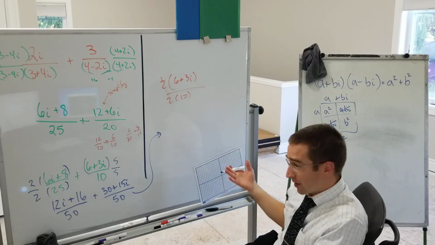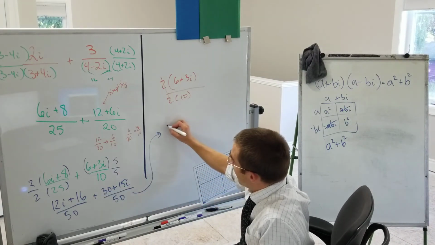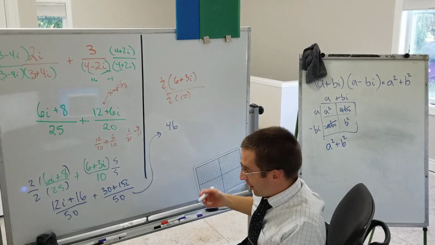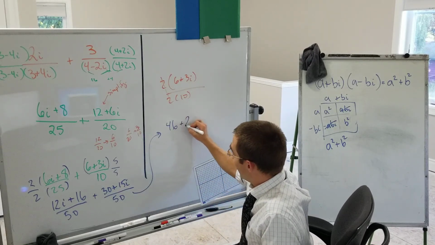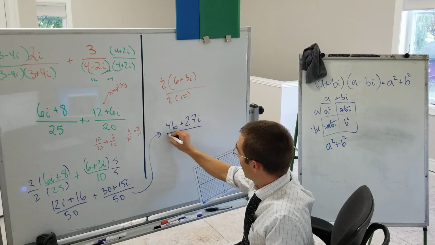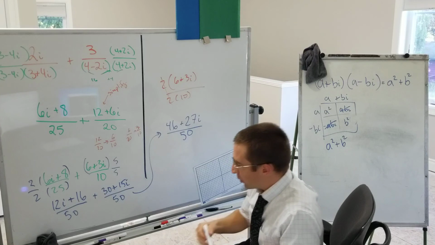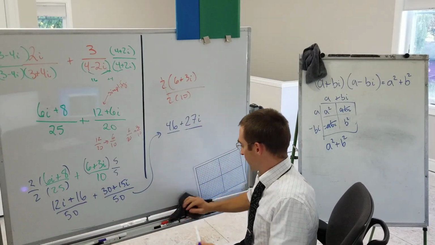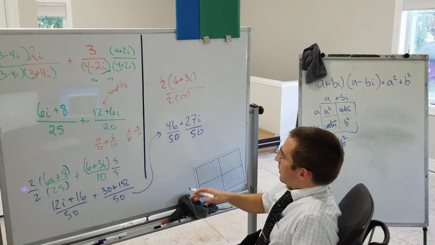Combine my like terms, because I got a common denominator. 16 and 30 gives me 46. 15 and 12 give me 27. Yeah, plus 27i. It's all over 50. I want it in standard form, so I'm going to split it: over 50, over 50.